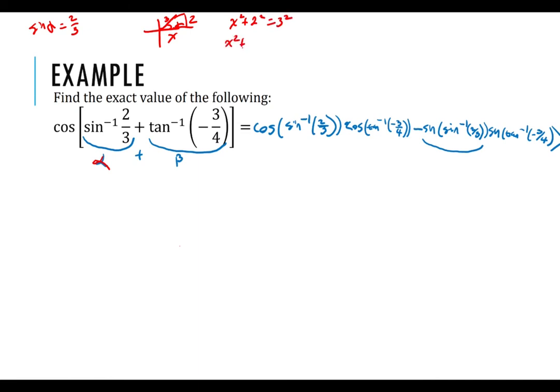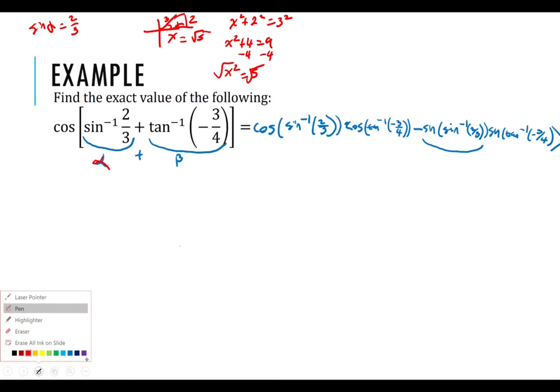That gives me x squared plus 4 is equal to 9, minus 4, minus 4. x squared is equal to 5. Take the square root of both sides. I now get that x is equal to root 5. And if x is equal to root 5, then I'll be able to find cosine of alpha. And then this was sine of alpha, so that'll take care of those.